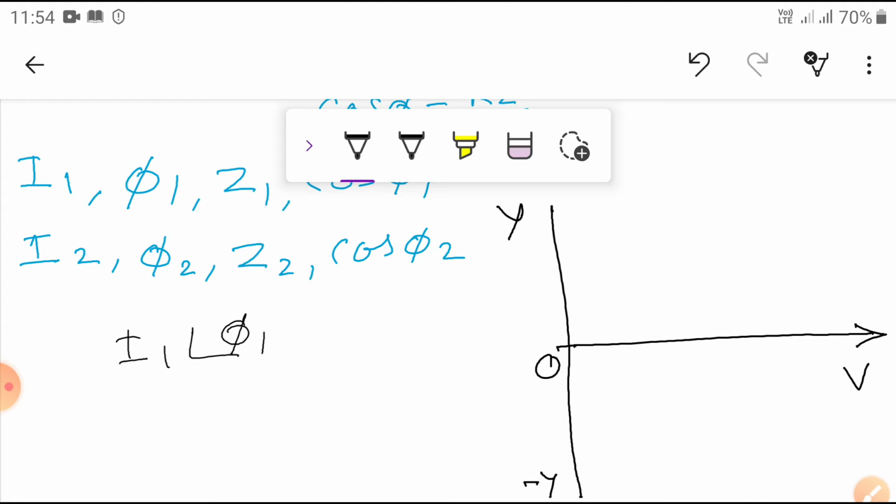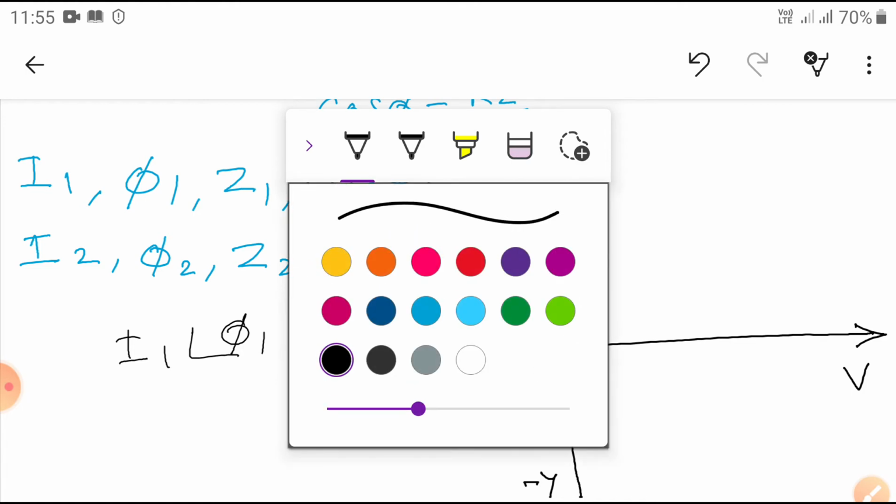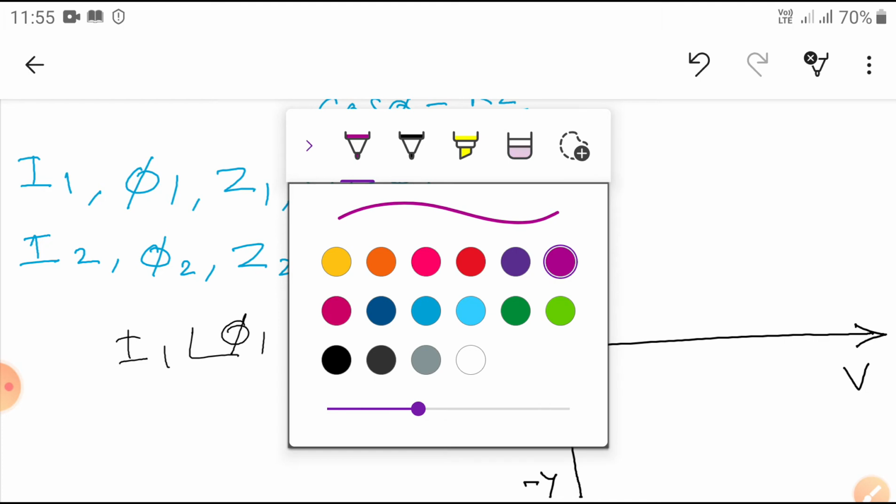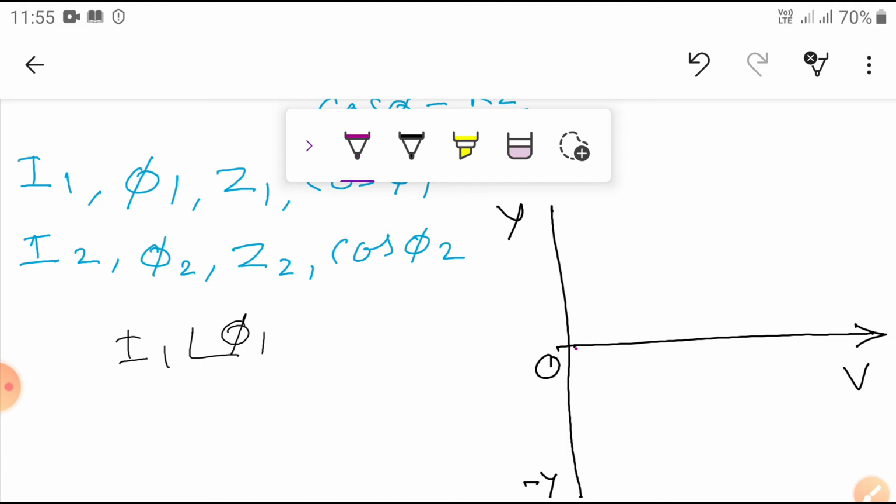I1 is the magnitude you know. Okay, so I know the magnitude at an angle of phi 1. So from this one I can write another diagram, this is I1 at an angle of phi 1.